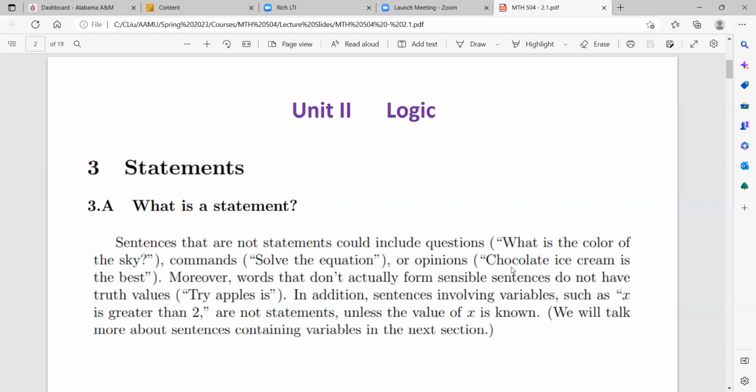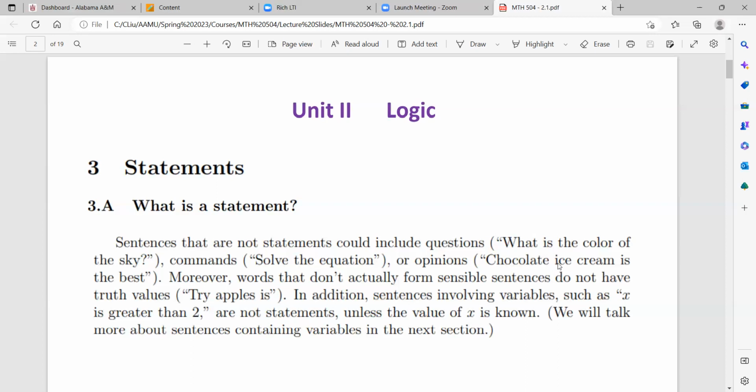Or opinions. Chocolate ice cream is the best. This is a little confusing, as you might think this is a kind of statement, but it's not, because it does not have a standard. What is the standard? How do you know chocolate ice cream is the best?